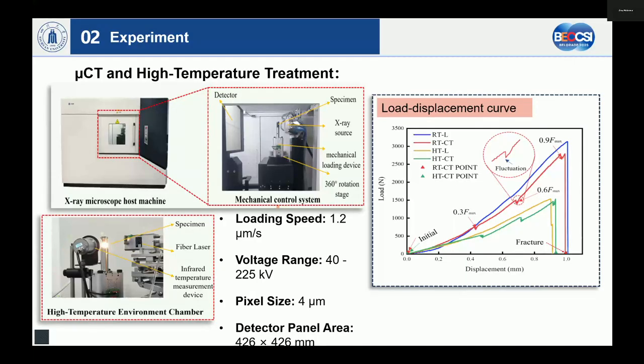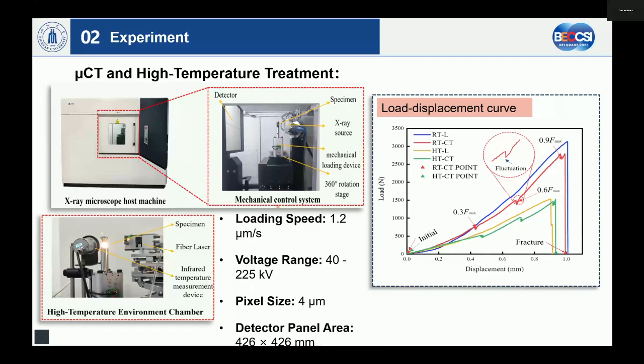The experimental study was conducted under two distinct conditions: room temperature and high temperature, that is 1,800 degrees. Here you can see that we performed CT scanning on the specimens under different loading states.